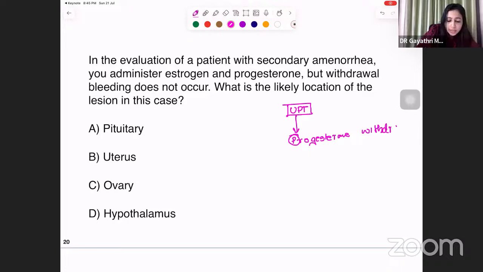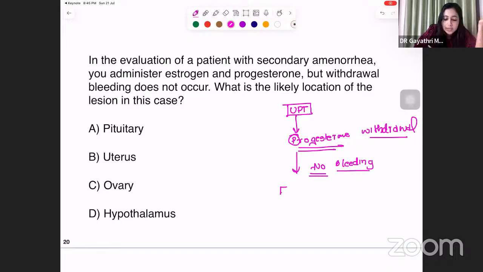If after giving this progesterone and stopping it, that is the progesterone withdrawal test, there is still no bleeding, the next thing you are going to give is estrogen as well as progesterone, for a period of nearly 21 days, and then stop these medicines.